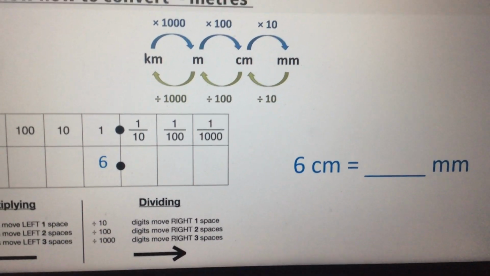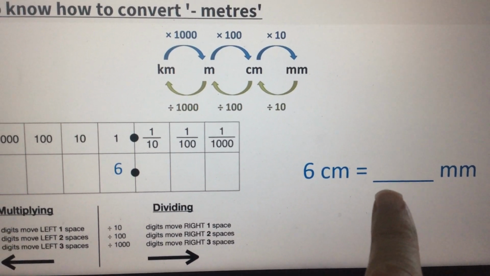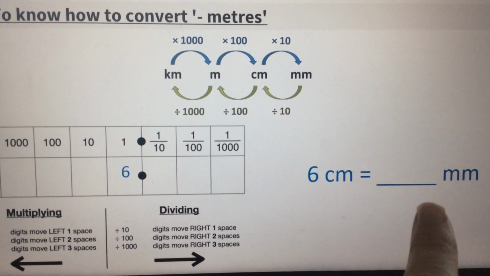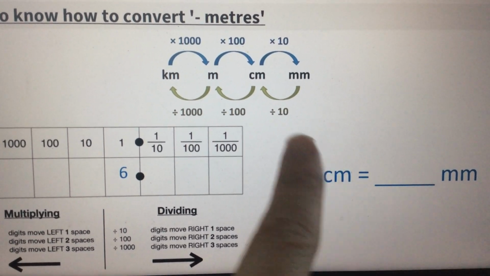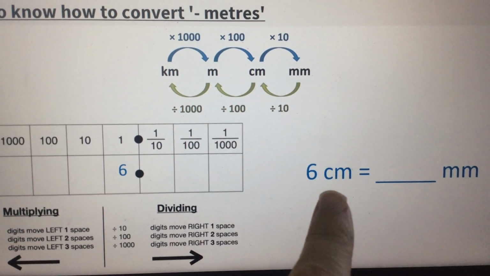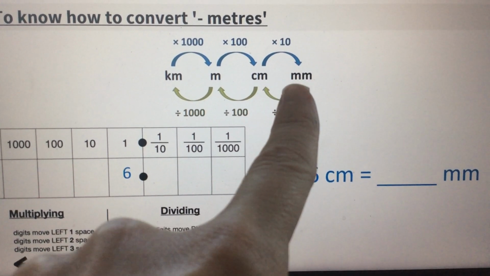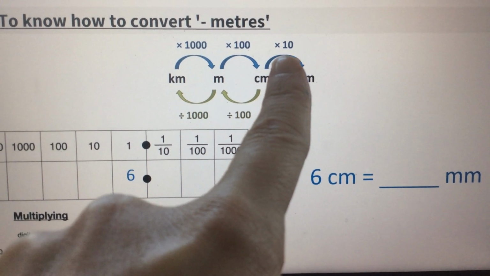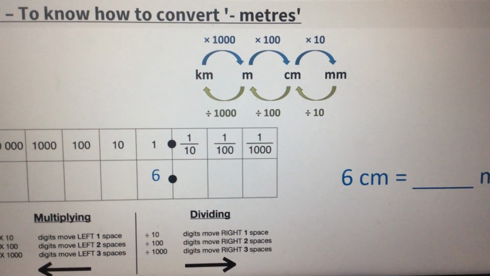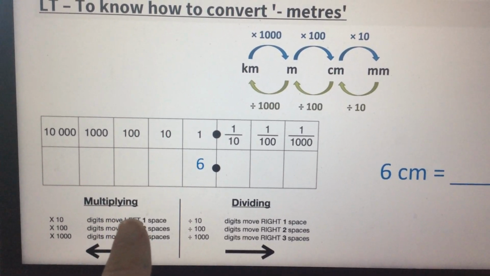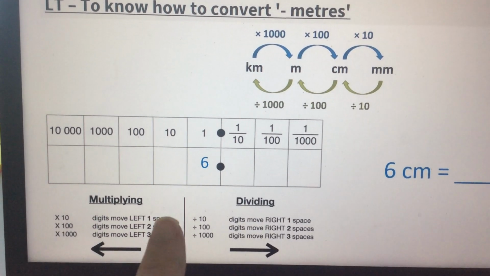So for this first one, we're converting 6 centimetres to millimetres. So what is 6 centimetres if we're going to give it in millimetres? Let's have a look at our chart. We're going from centimetres to millimetres. So centimetres to millimetres is multiplying by 10. If we can't remember, multiplying by 10, the digits move to the left 1 space.